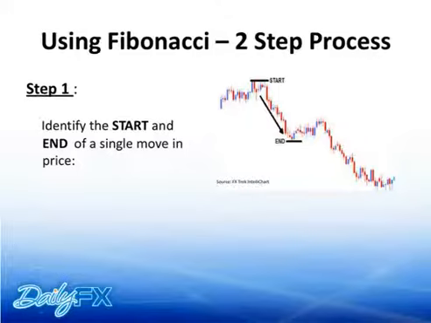Okay? Assume, of course, that none of this is here. Right? We don't know this yet. What we know is that price came from here, here, and started to move higher. And what we want to know is, is this a reversal or is this a correction?